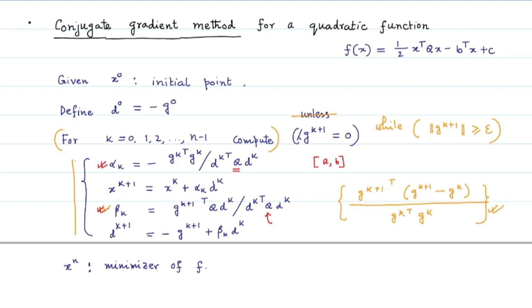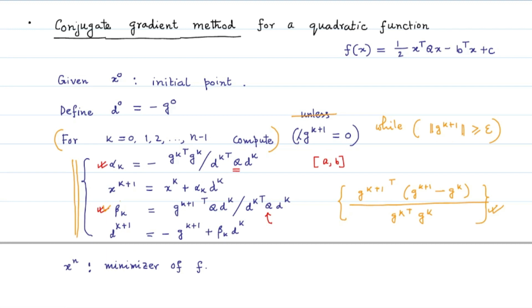You keep computing xk, alpha k, beta k, dk until the norm of the gradient of the function at the point xk plus 1 is less than epsilon, and you will end up getting a point xk plus 1 at the end of this while loop, at which the norm of gk plus 1 is less than epsilon. This is how a conjugate gradient method for a non-quadratic function works.